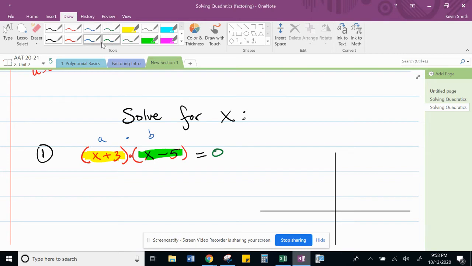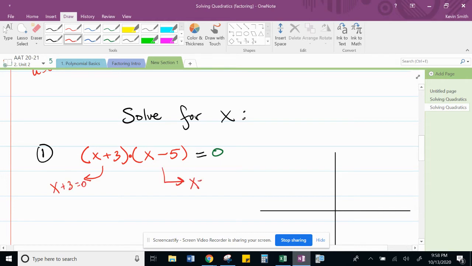We have multiplication, and it's set equal to 0. So we know one of these two things must be true. Either x plus 3 is equal to 0, or x minus 5 equals 0.